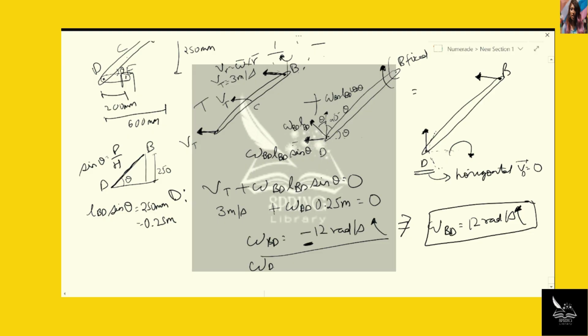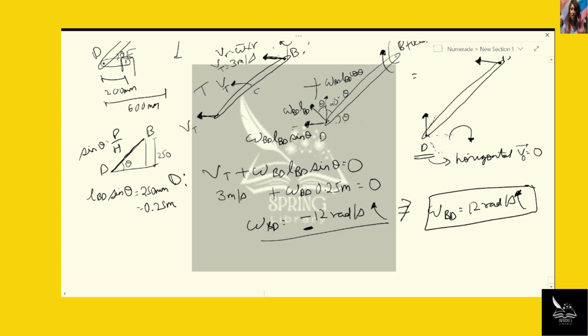Now what can you say about omega at the point D? Now we know that the net velocity at point D is, so this is not asked in the question, but I'm just trying to give you a good physical picture. So net velocity at point D, we have assumed it to be vertical, and that is going to be omega BD LBD cosine theta.